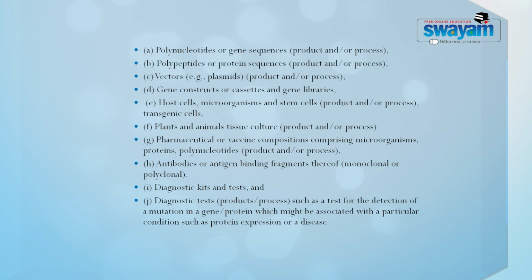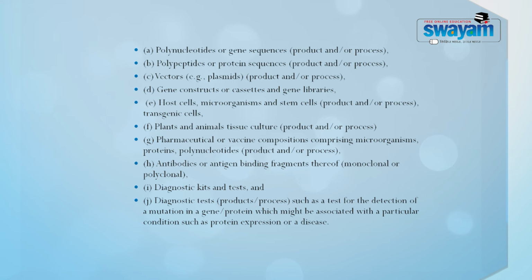pharmaceutical or vaccine compositions comprising microorganisms, proteins, polynucleotides, which are again in the form of both product and process claims, antibodies or antigen binding fragments thereof, which can be monoclonal or polyclonal antibodies, diagnostic kits and tests, such as the test for detection of a mutation in a gene or protein which might be associated with a particular condition such as protein expression or a disease.